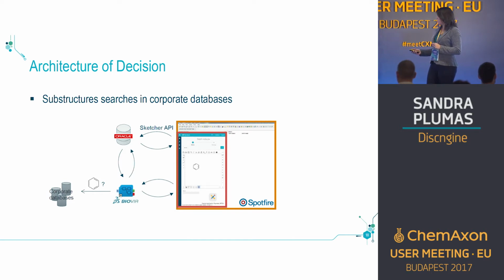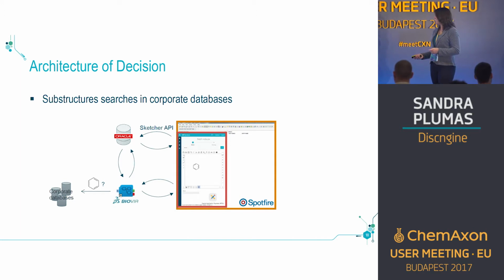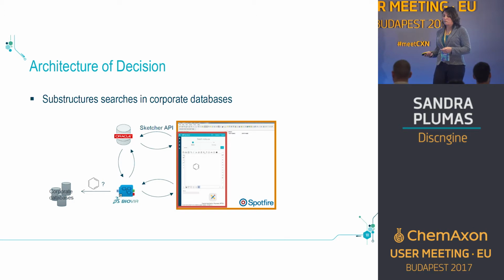And then there is a call made to the Marvin JS API, which retrieves the molecule to store it in a database, and in order to send it into a pipeline workflow, searching for the substructure in molecules of the corporate databases. And then the result is sent into the page and in the buffer for the user to access the result.